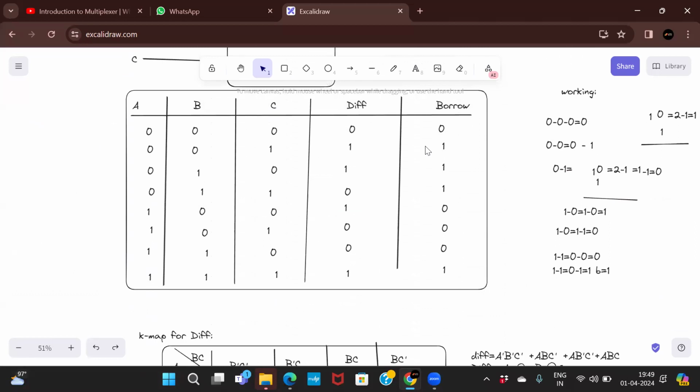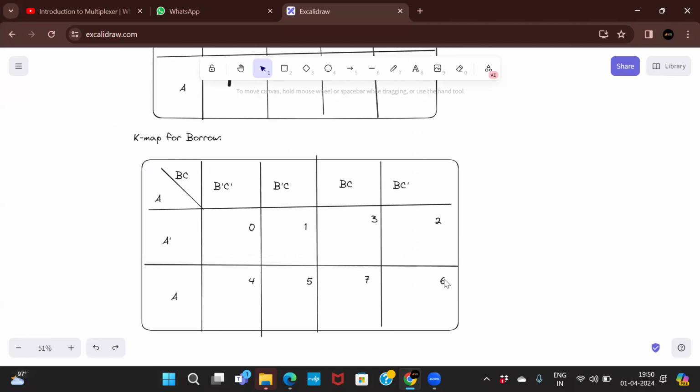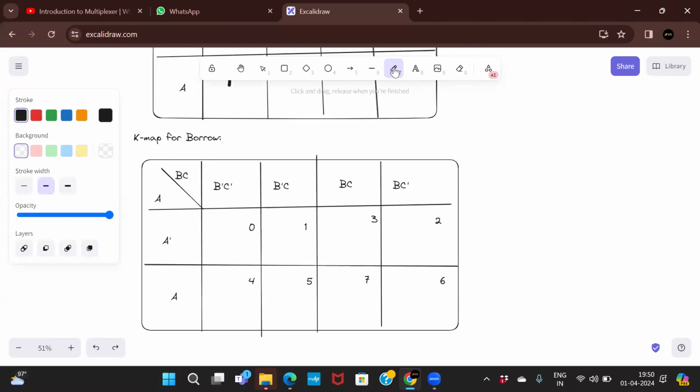We have 1, 1, 1, 1 at 1, 3, 2, and 7. So just come here and keep 1, 2, 3, 7. So is it possible to pair up?